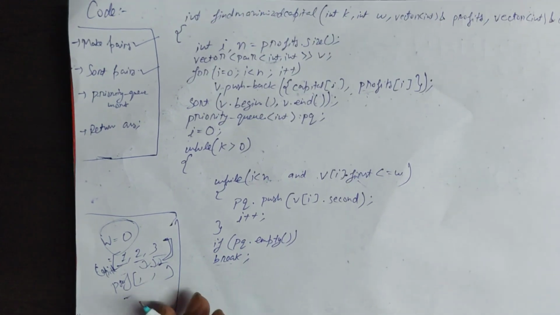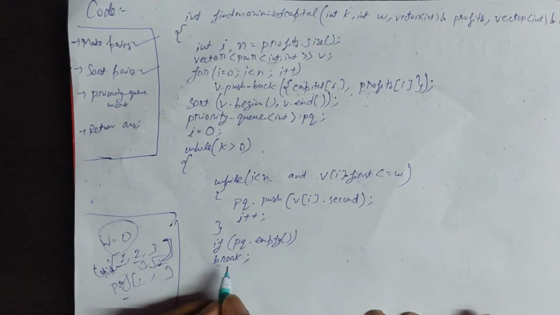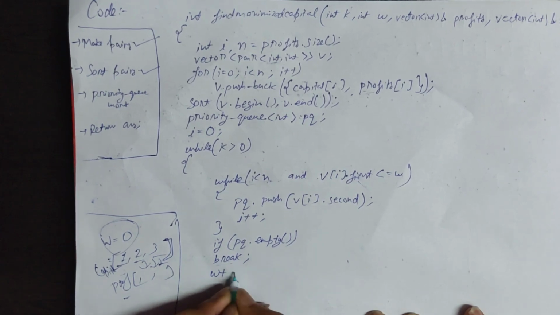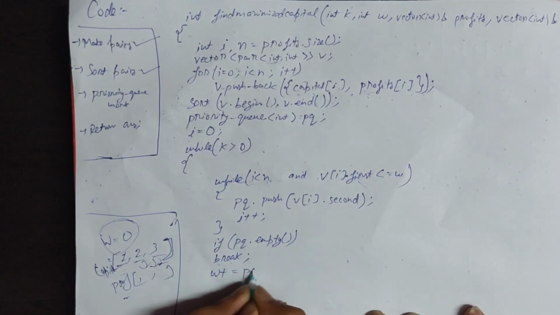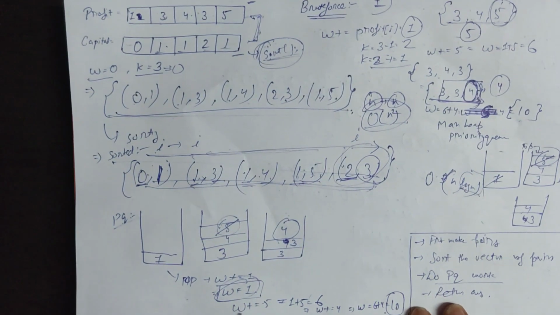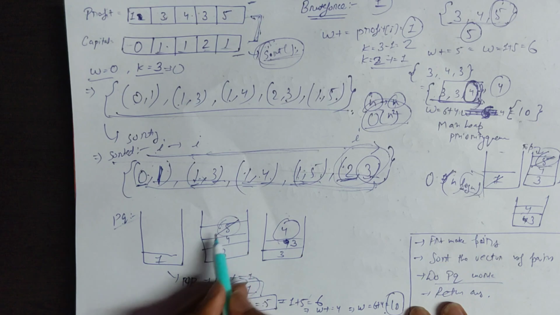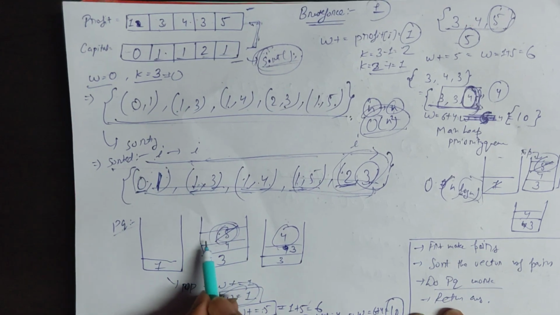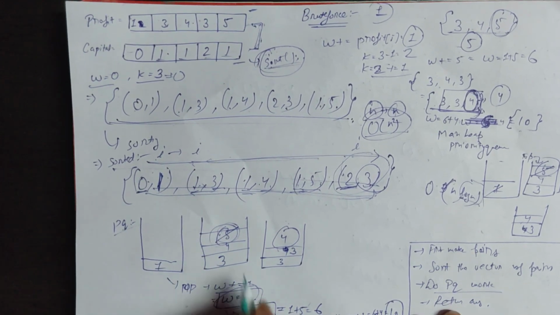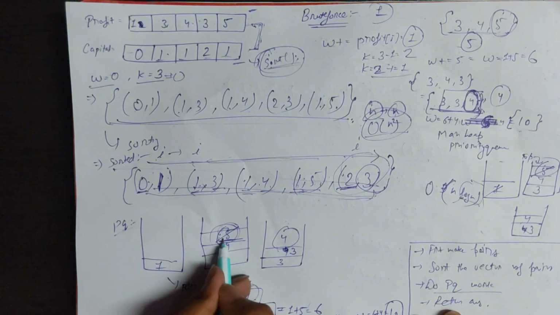So let's move forward, and if it is not empty, then we will increment w by the value pq.top(). As we discussed, w plus equals the value at the top of the priority queue.